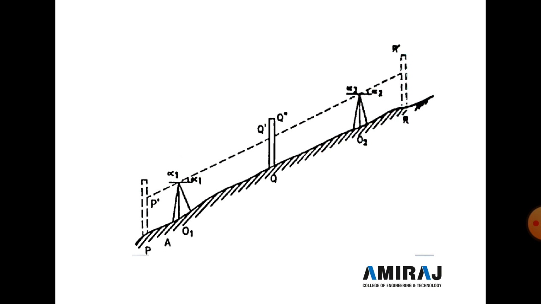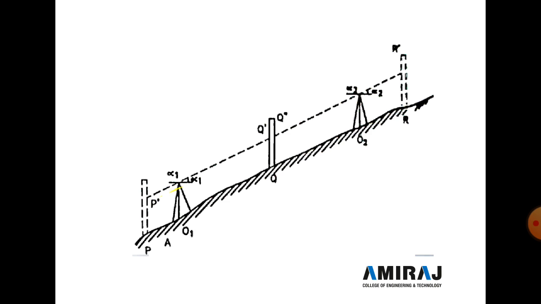Determine the RL of P dash. So RL of P dash is RL of P plus PP dash. Clear? Now take a sight to Q dash on the staff held at the turning point Q without changing the vertical angle alpha 1, and measure the slope.